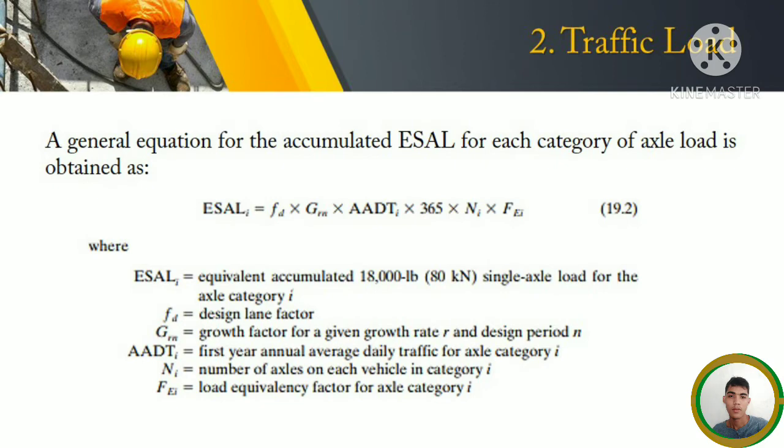Either lane of a two-lane highway can be considered as the design lane, whereas for multi-lane highways, the outside lane is considered. The identification of the design lane is important because in some cases more trucks will travel in one direction than in the other, or trucks may travel heavily loaded in one direction and empty in the other direction. Thus, it is necessary to determine the relevant proportion of trucks on the design lane.